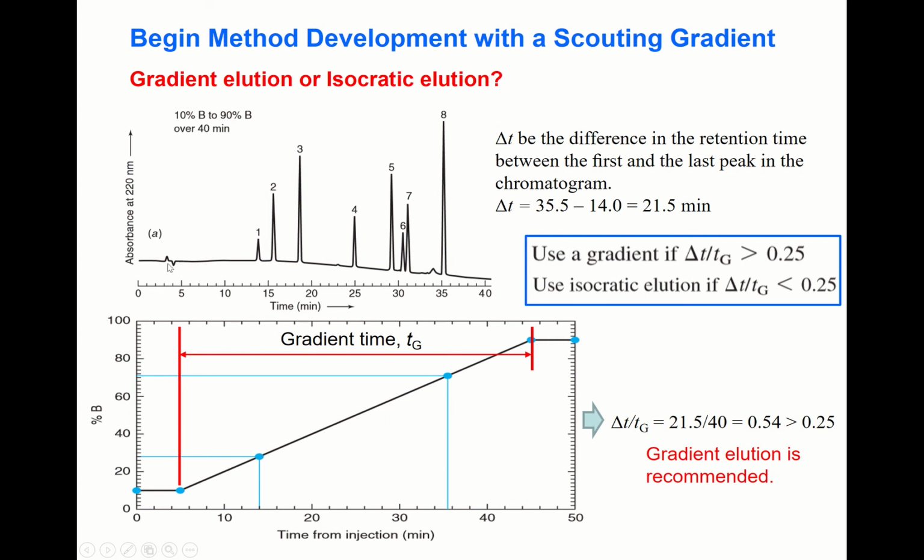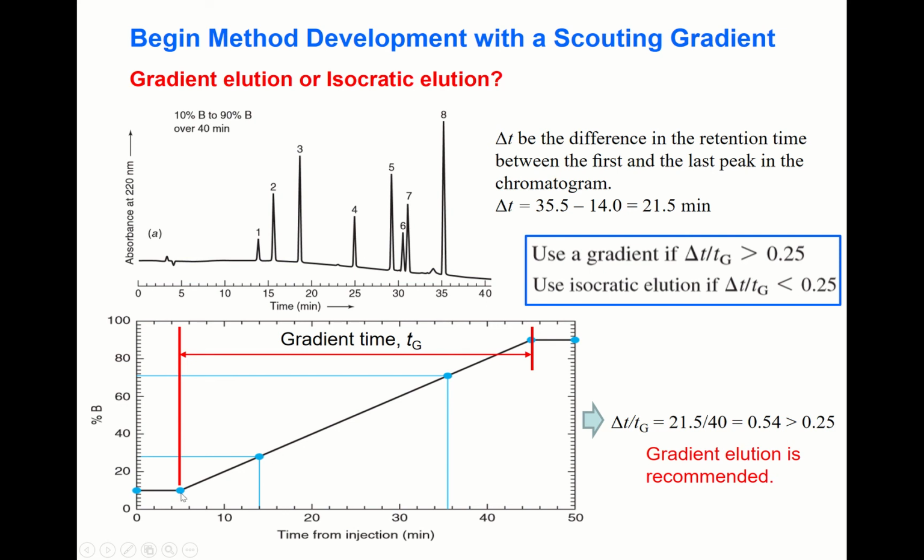This one was done with first 10% B. B is maybe acetonitrile. Then the B percentage increases linearly to 90%. Look at that.